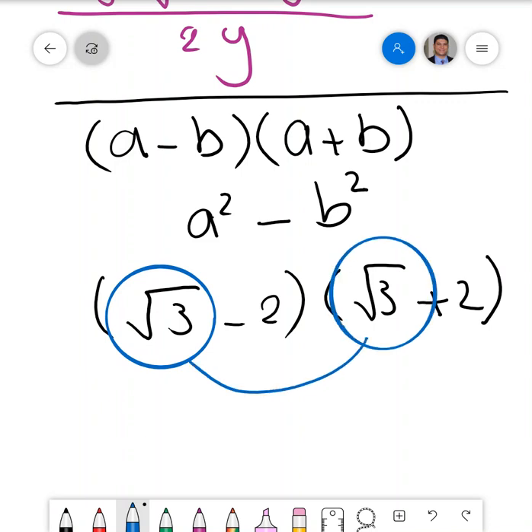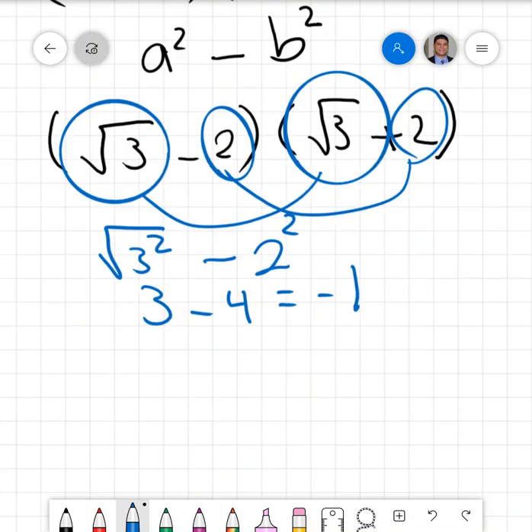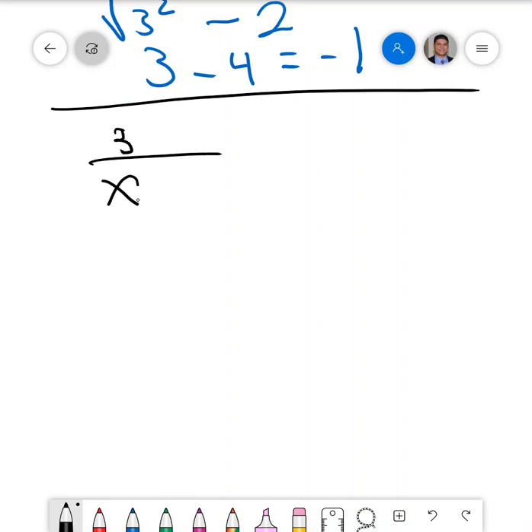radical 3 times radical 3 is radical 3 to the power of 2 minus 2 times 2 is 2 square. So it will be 3 minus 4 equals negative 1. That means we don't have any radical now. Now, if I have this expression in denominator, like this one, 3 over x plus radical 7.